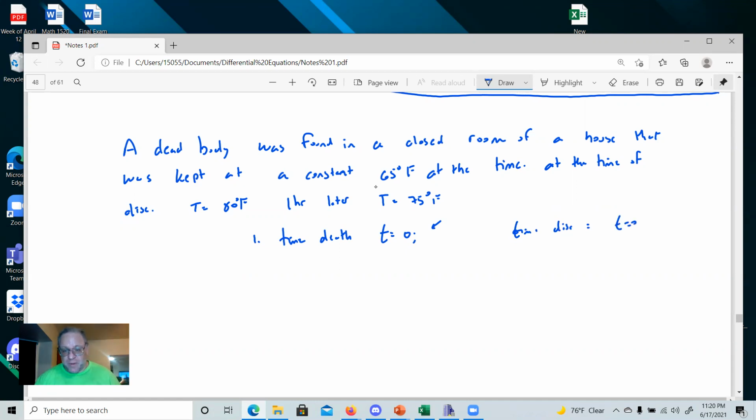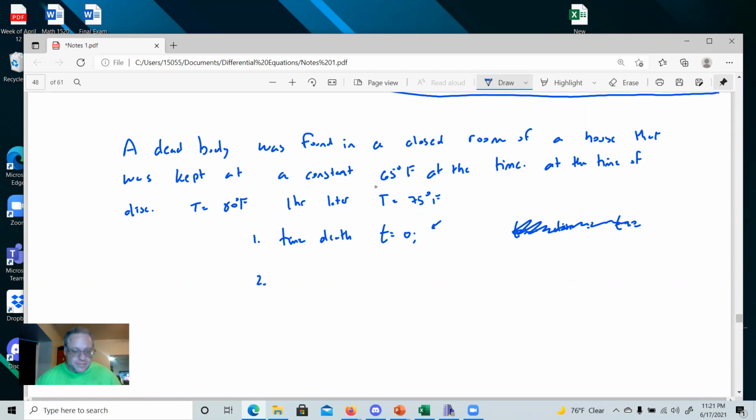That's actually a better way to go. I won't do it that way. I'll leave this one for you to sort out, but it is an easier way to go. I would not write this condition on your quizzes, because I would let you decide: do you want time of death to be 0? Do you want time of discovery to be 0? It's up to you.